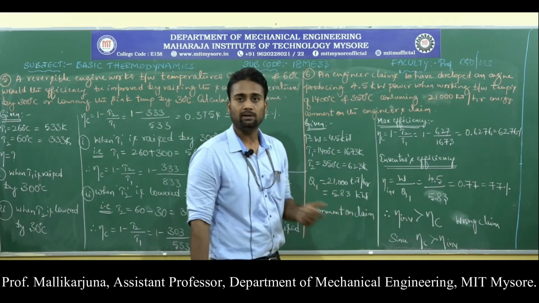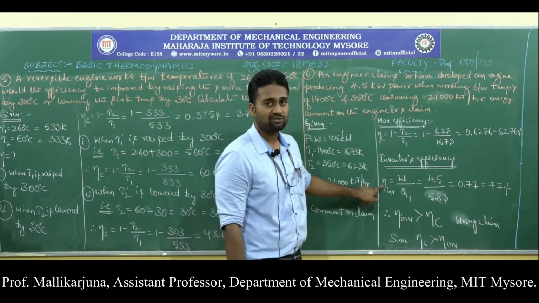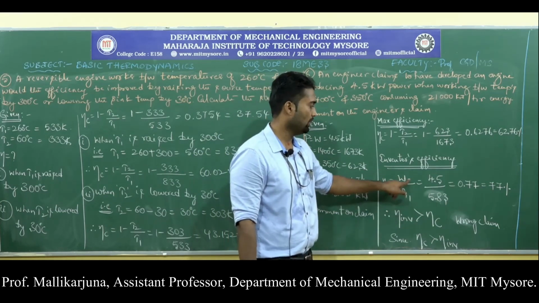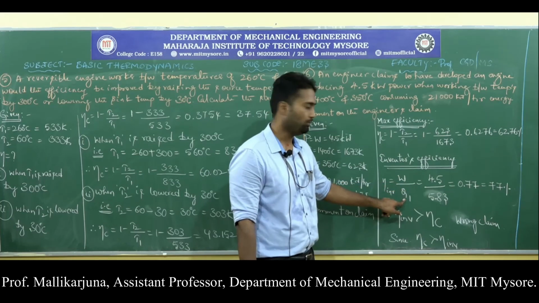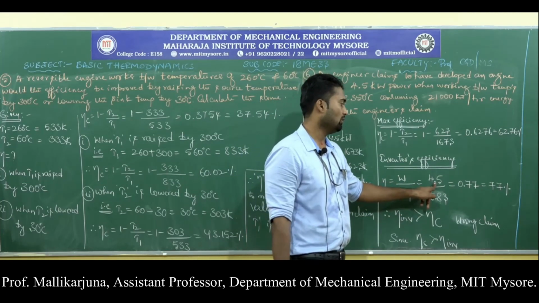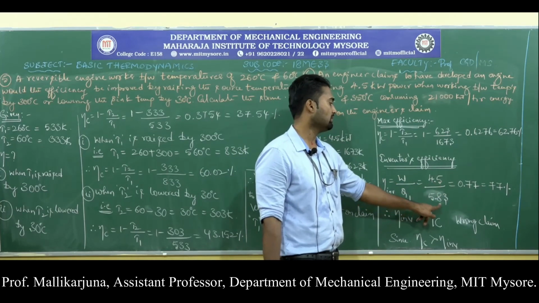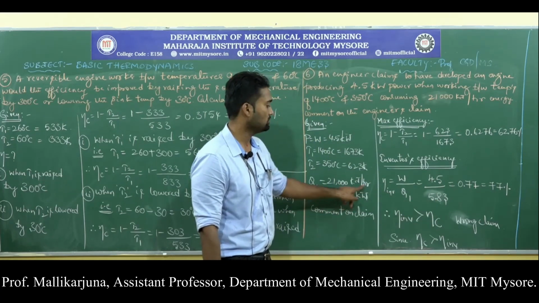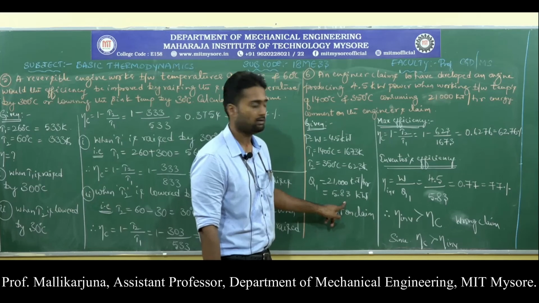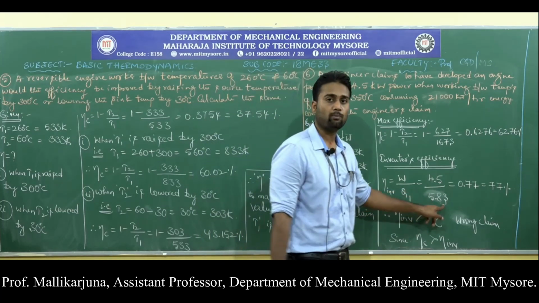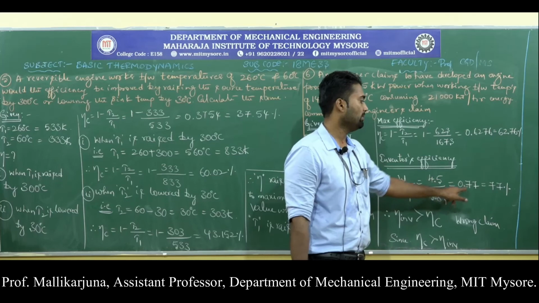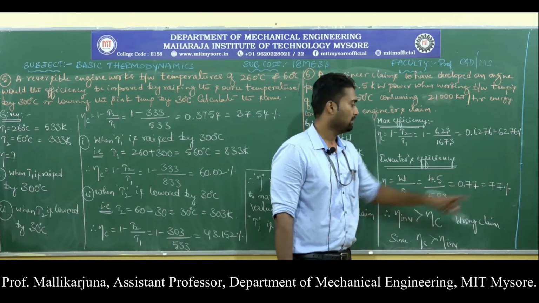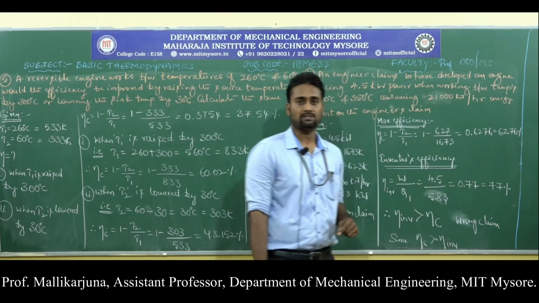The efficiency will be W by Q1, where W is output and Q1 is input. W in kilowatts is 4.5, Q1 in kilowatts is 5.83. This 21,000 kilojoules per hour has been converted into kilowatts. The value turns out to be 5.83 kilowatts, and the efficiency is 0.77, which is equal to 77%.